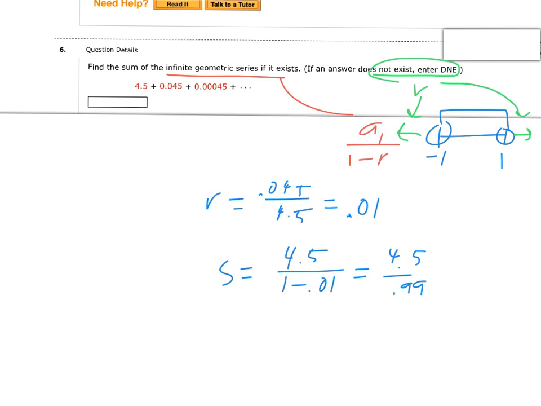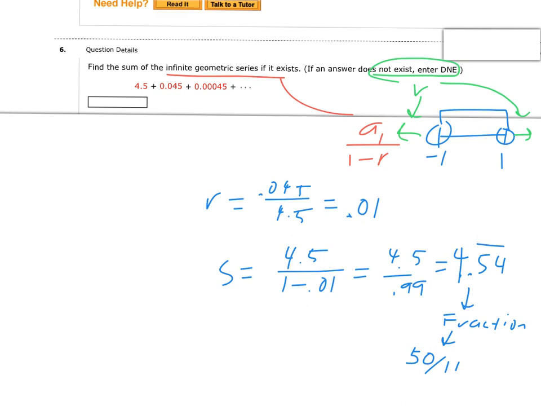And I get 4.54 repeating, although I don't think it's going to like that answer, so I'm going to change this into a fraction here. And I have the button on my calculator to do that, so it's going to come out to 50 over 11.